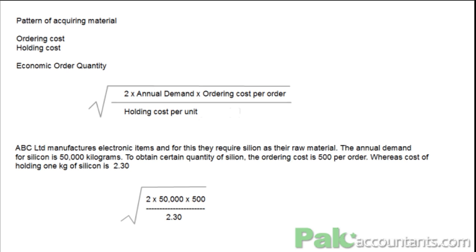So if you solve this, you get what? 2 multiplied by 50,000 multiplied by 500, you get 50 million. Divide by 2.30.